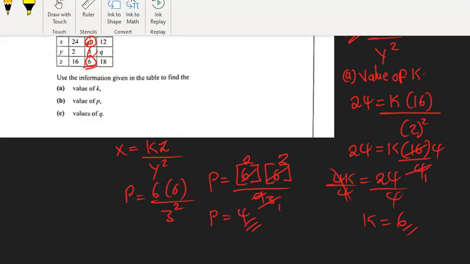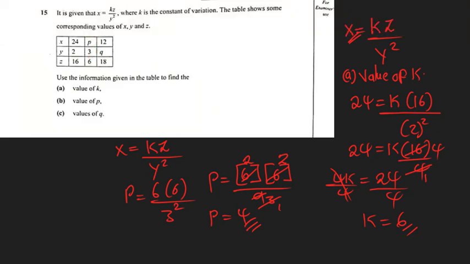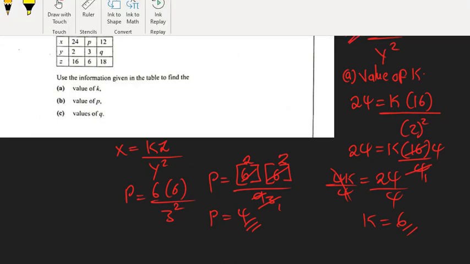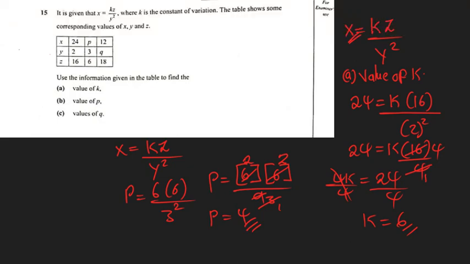Next, they are asking us to calculate q. We are using the last part. x is equal to kz over y to the power 2, so q is y.